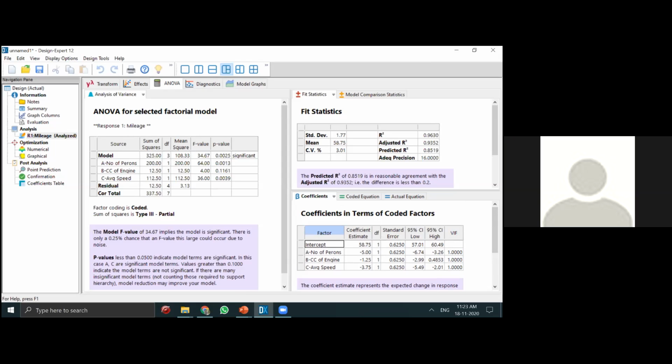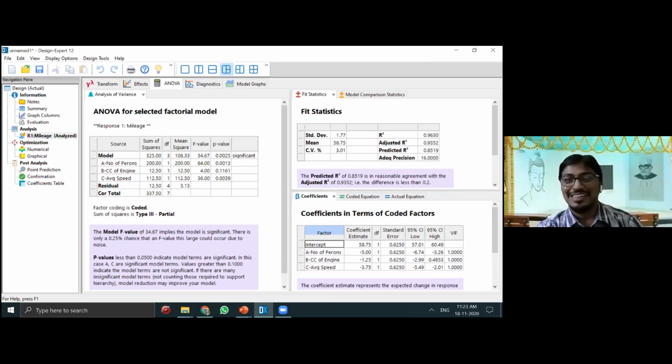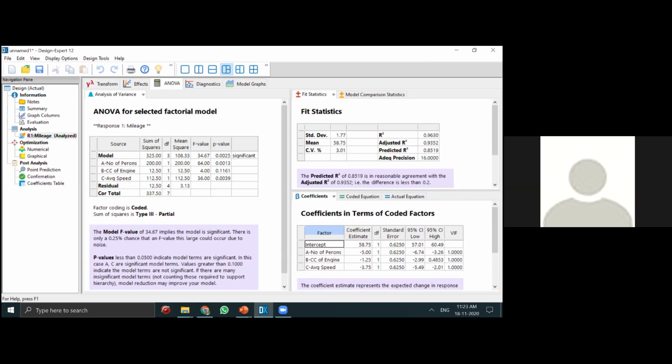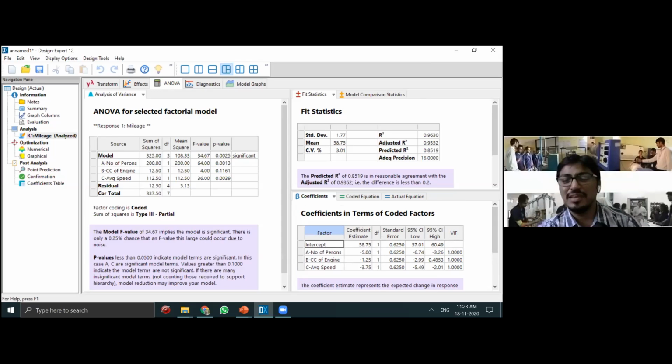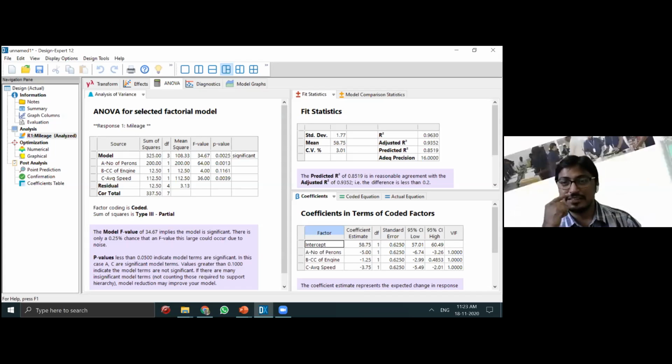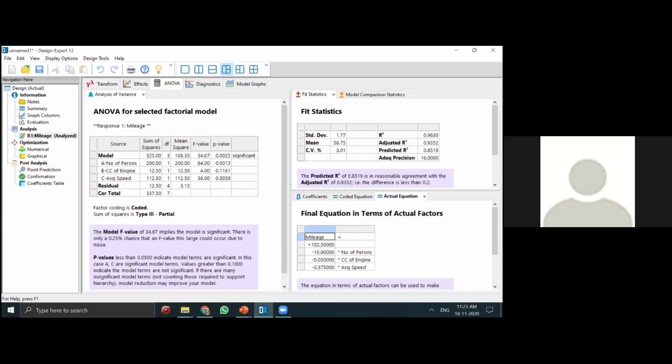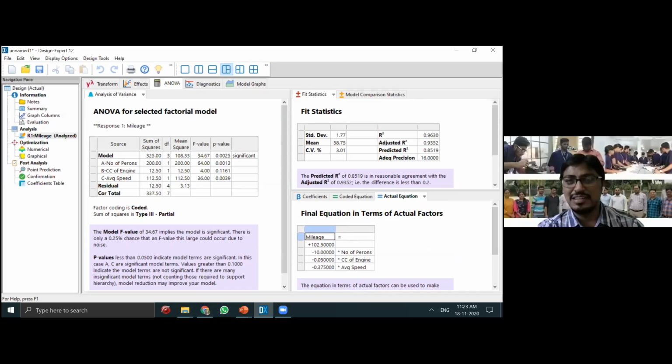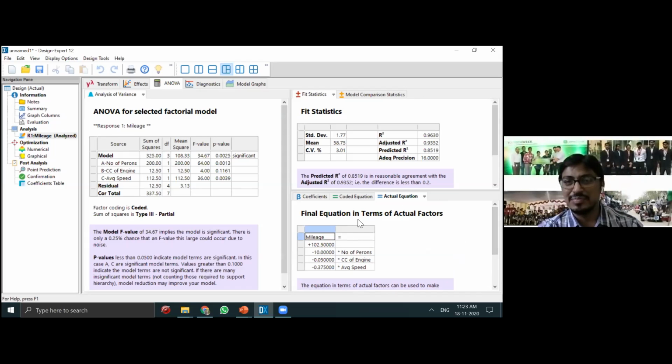That is why I am working in Minitab, where we can directly get the correlation coefficients. I thought you would have considered interactions. If you consider interactions, it may come up. I have not considered the interactions here.